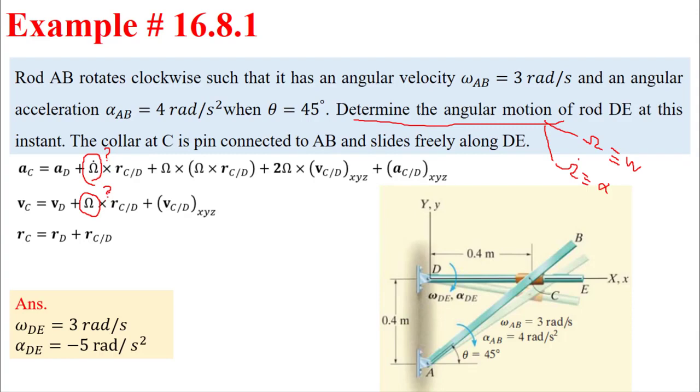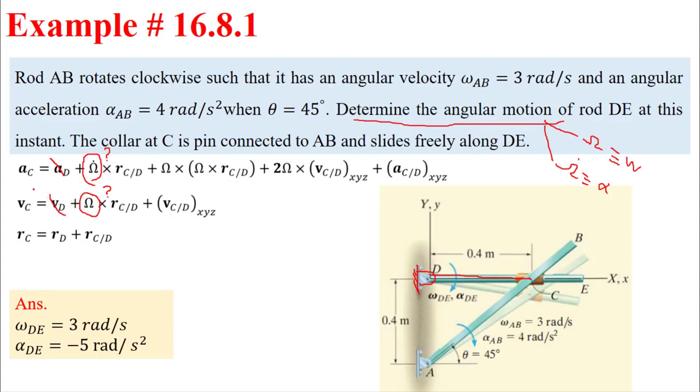Now, let us ask ourselves another question. So this is link DC, this link, okay, and you know very well that the point D has 0 velocity and 0 acceleration. So this acceleration will vanish out, okay, so it's equal to 0.